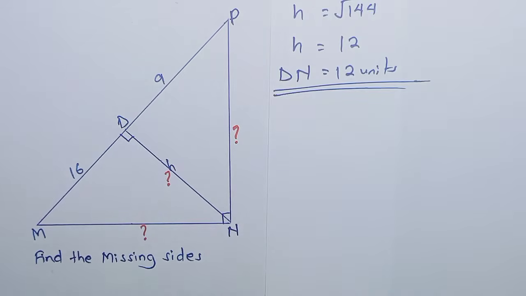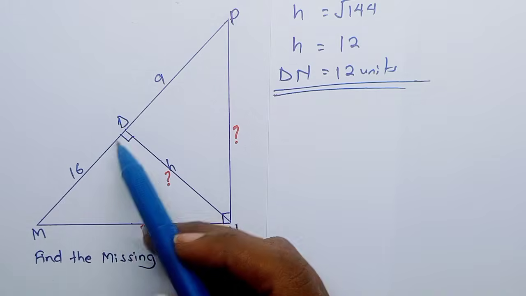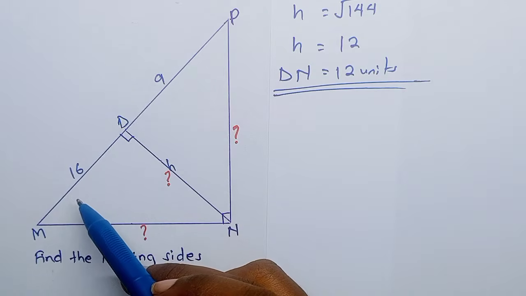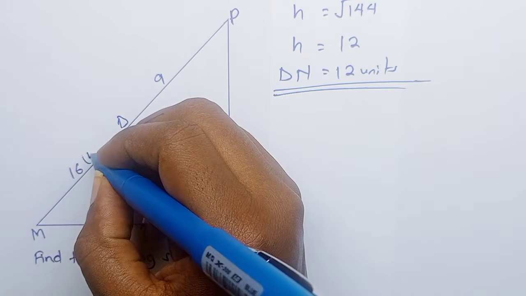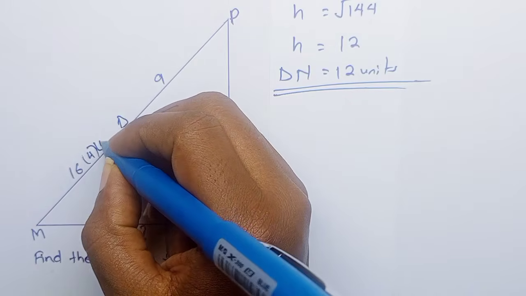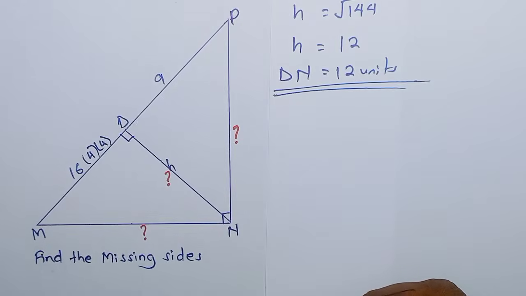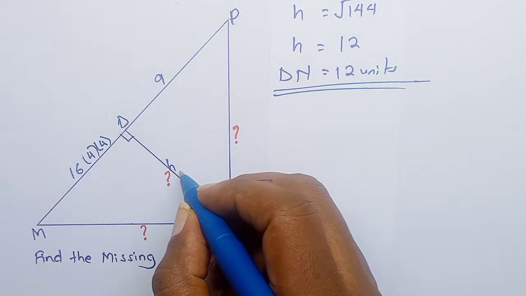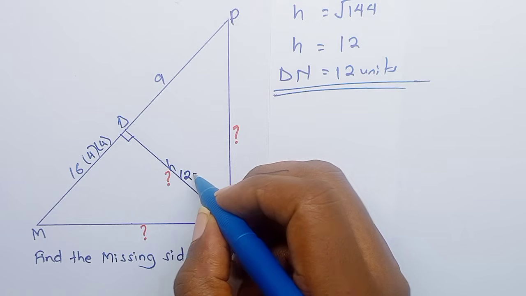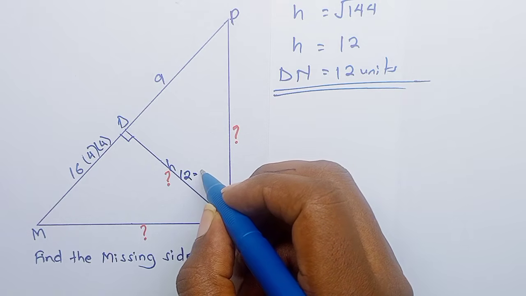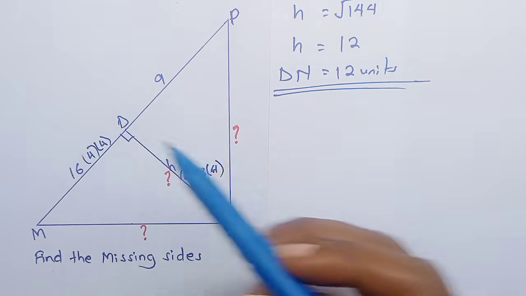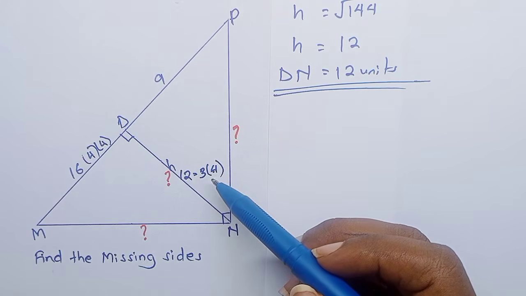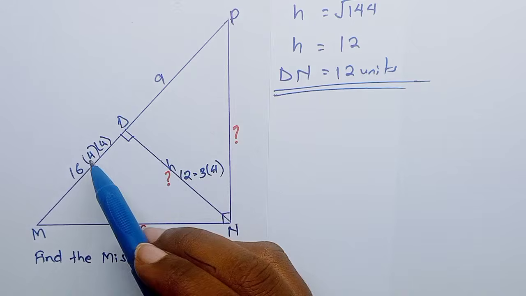Next, let's focus on this triangle MDN, this one here. We can see that MD is 16, which is 4 by 4, and we have found DN to be 12, which is the same as 3 by 4. So as you can see here, 4 is common, so that means 4 is the common multiple. So this is 3, this is 4.